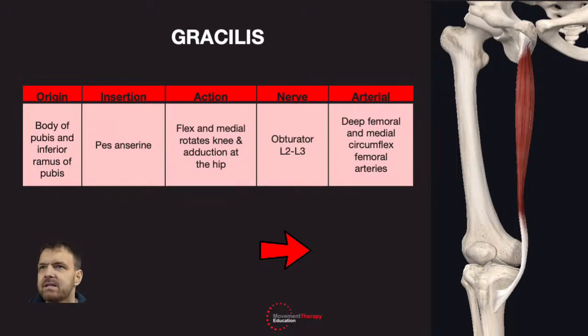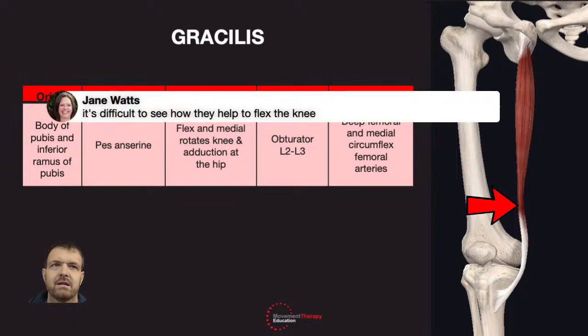Cool. Okay, so it's difficult to see how they help to flex the knee. Are we talking about the gracilis and sartorius, Jane? I think we are. They will only flex the knee once it's started to flex.